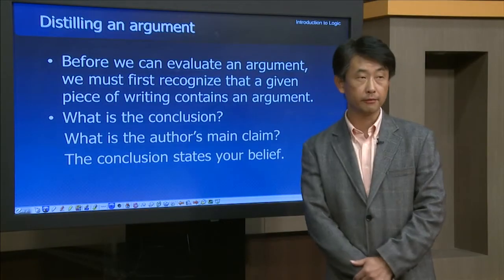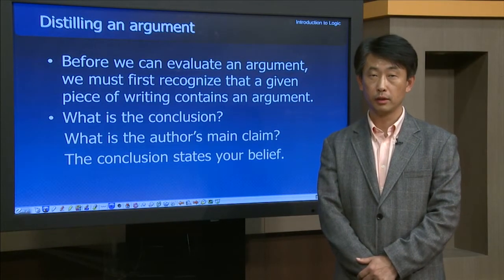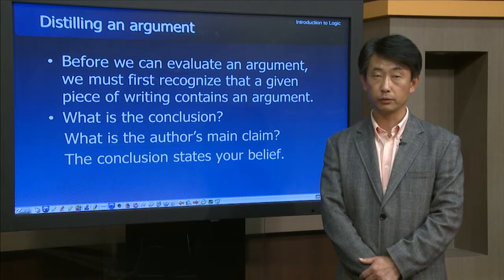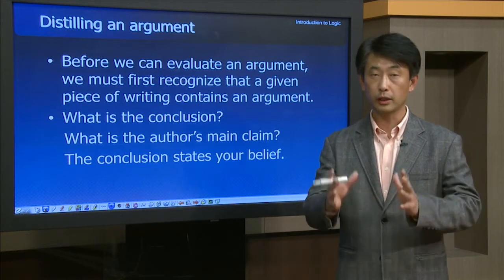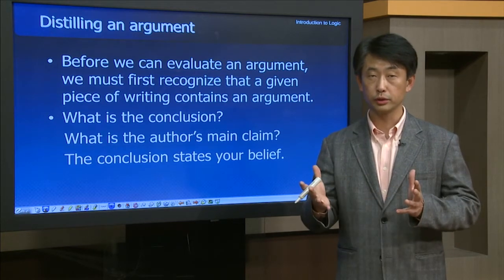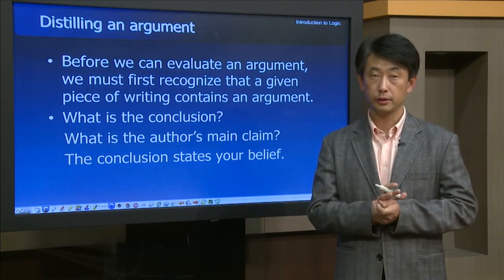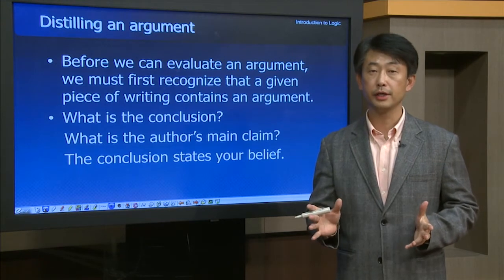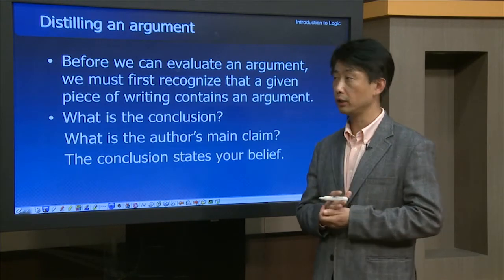In Chapter 5, we did exercise problems about when we see an argument, we try to recognize what its conclusion is and what are the premises and how those premises are related to the conclusion.